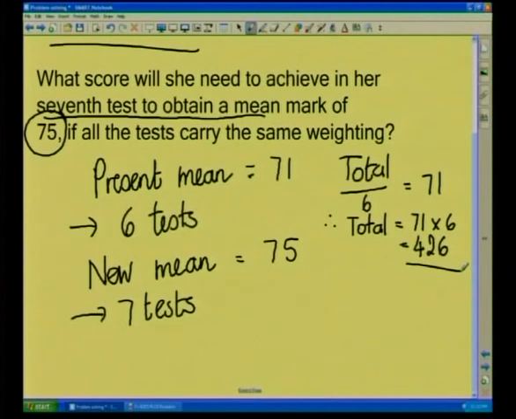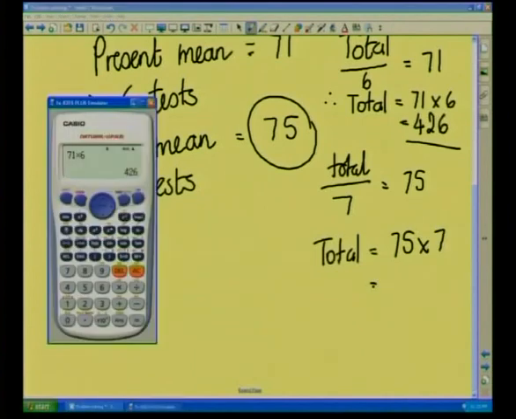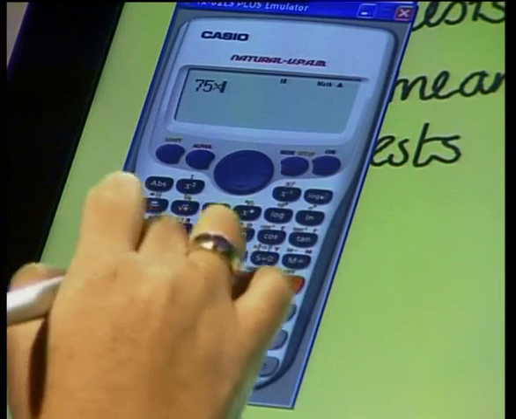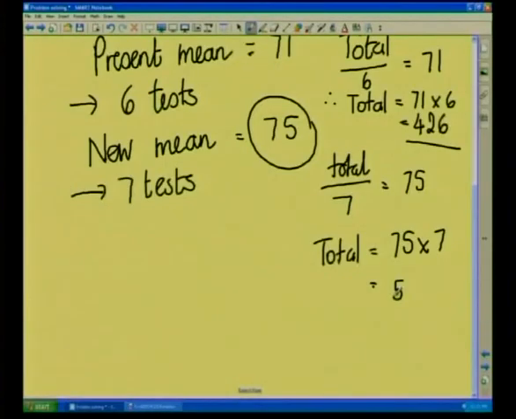So that's her total. Now, in order to get 75, her total divided by 7 has to equal 75. So her total would have to be 75 times 7, which is 525.